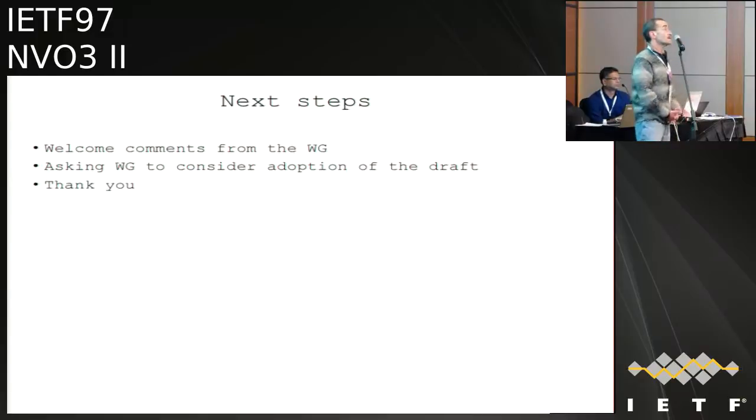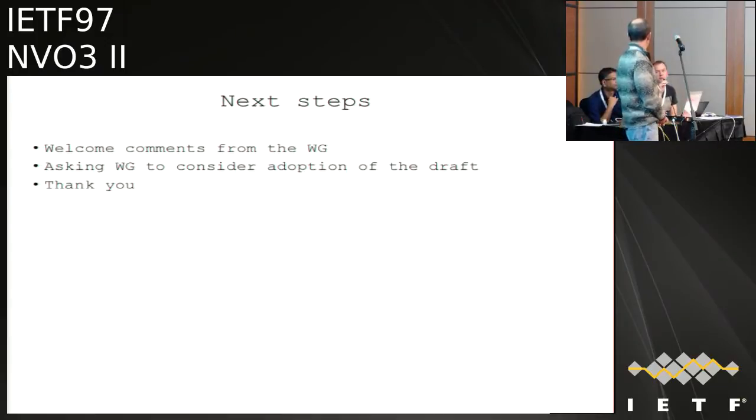As well, we will be presenting this update tomorrow at RTGWG, and just want the working group involved to think where they think this work can be continued for the benefit of everyone.